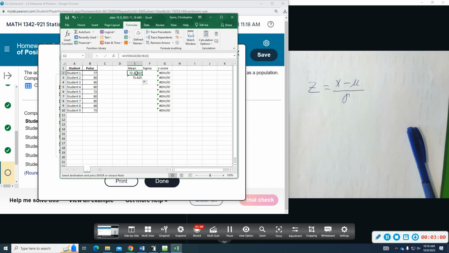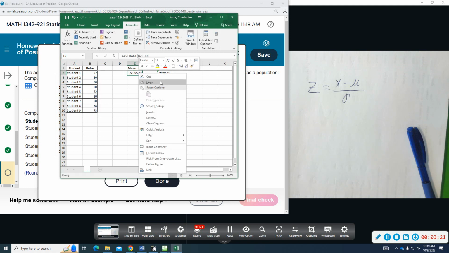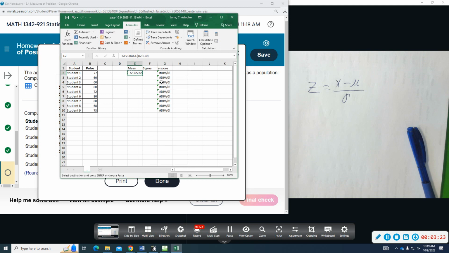I'm just going to copy, Control C. Nope. Let me delete that. It's copying the formula. I want to copy the value. Right click, copy. It's still doing the formula.